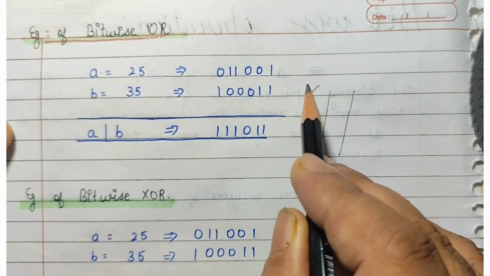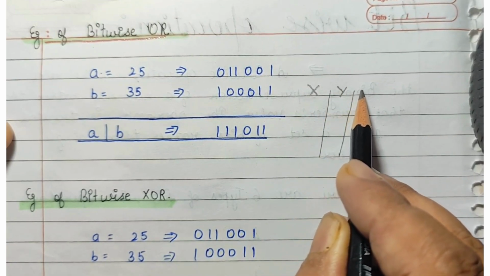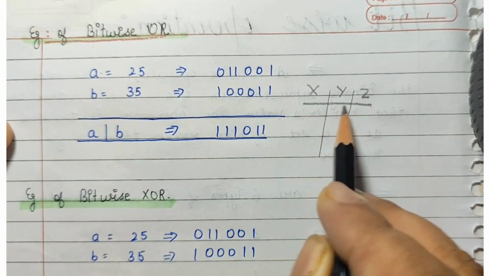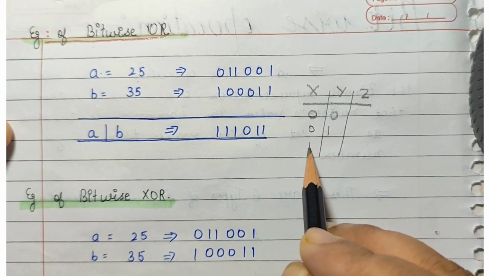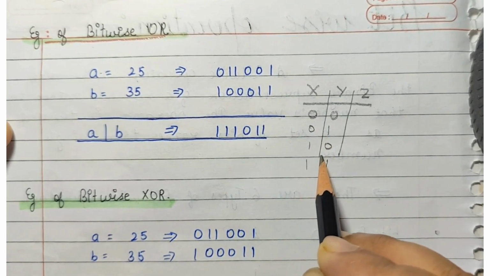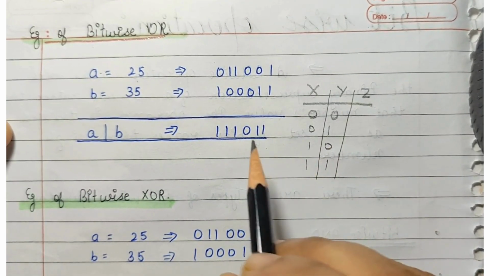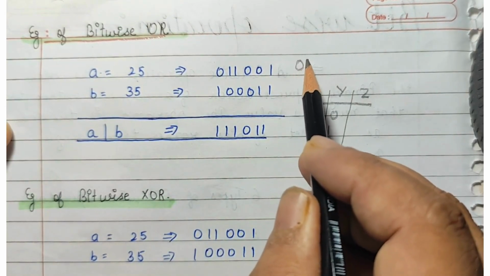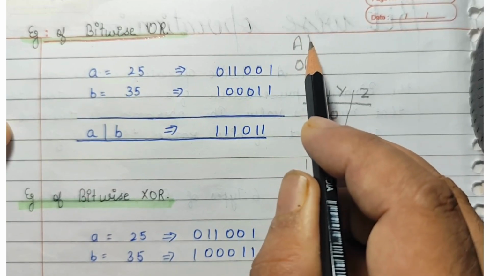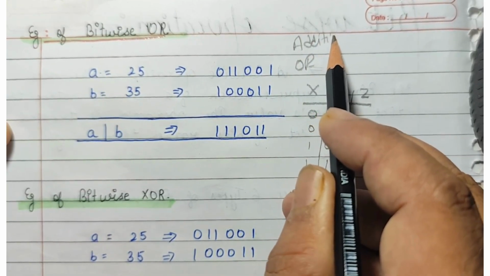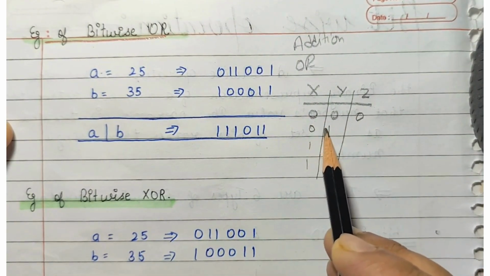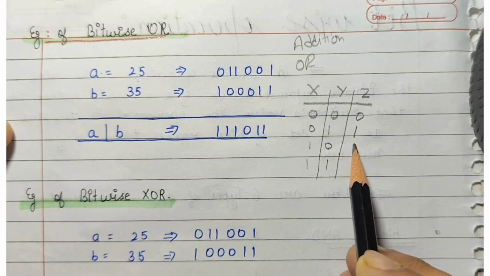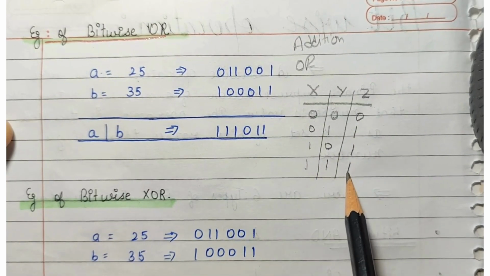Suppose X and Y are our inputs, Z is our output. How many combinations? 4 combinations: 0 0, 0 1, 1 0, 1 1. Now OR means addition. 0 plus 0 is 0, 0 plus 1 is 1, 1 plus 0 is 1, 1 plus 1 is 1.